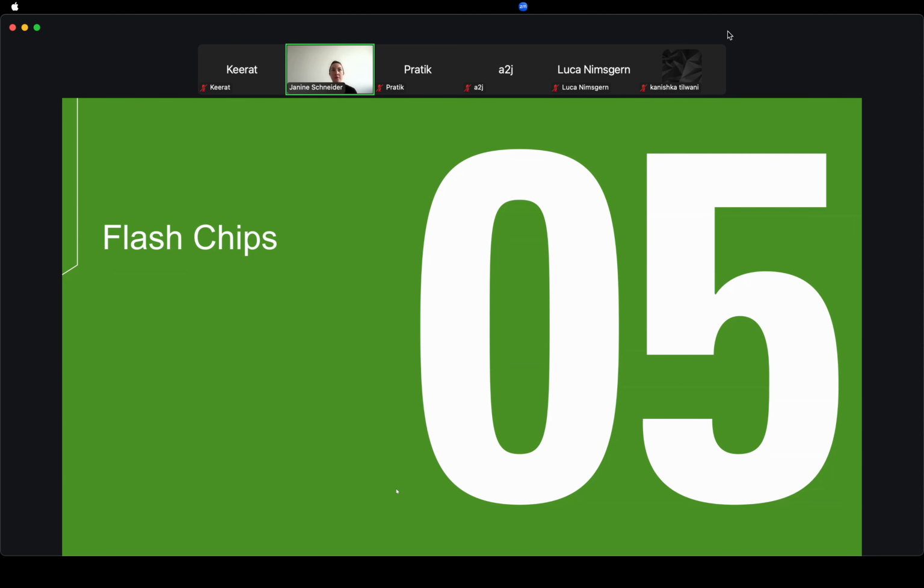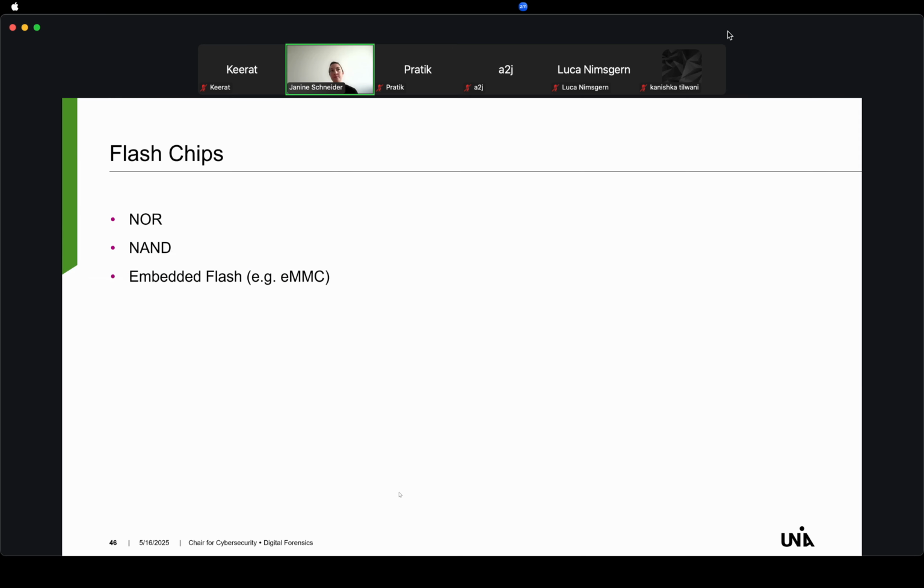Okay. So let's continue with flash chips. There are several kinds of flash chips. The most important ones are NOR flash chips, NAND flash chips, and embedded flash chips, for example, eMMCs. We already saw NAND flash chips when we had a look at the internals of an SSD. It is also the most commonly used flash memory type today.